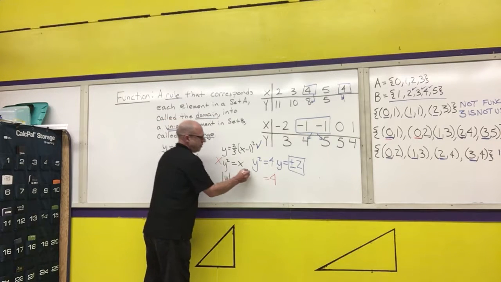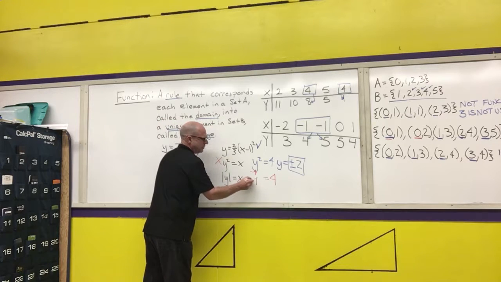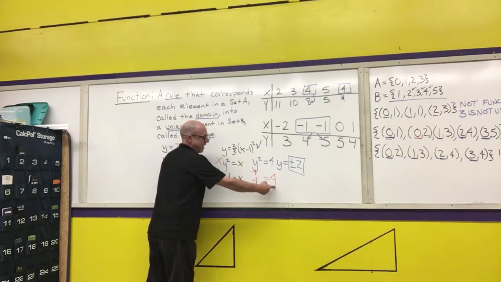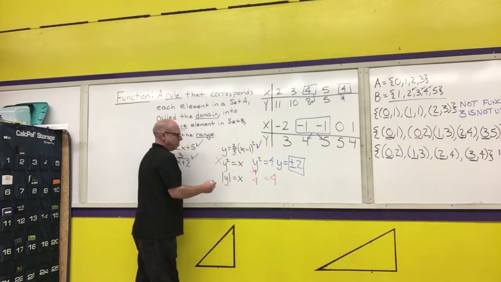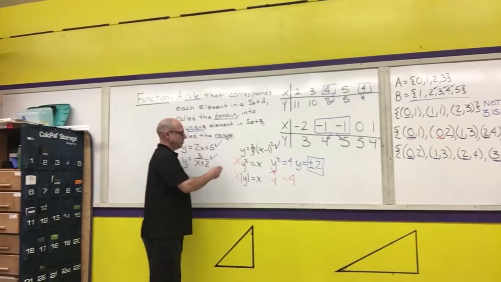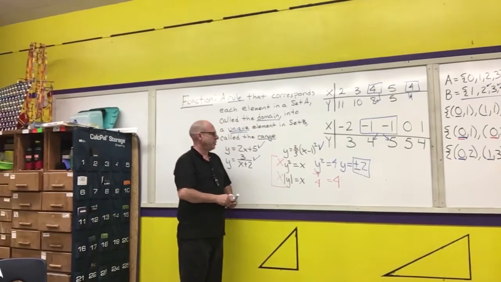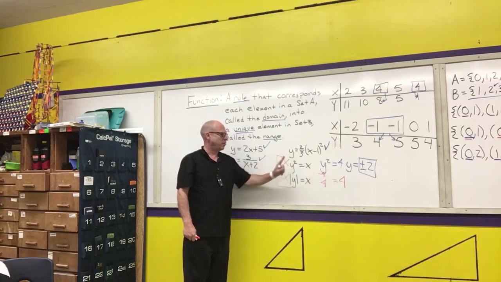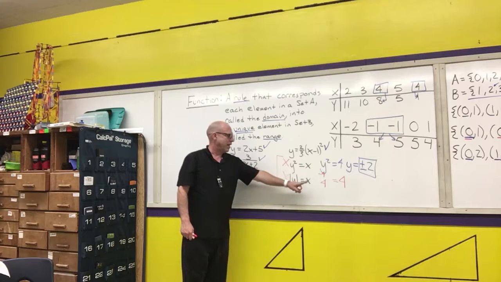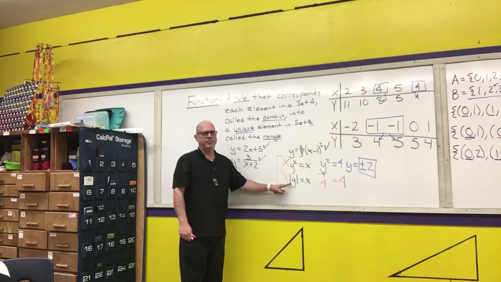Here I have a negative 4 can be here, and also a positive 4 can be here. That x is my input, so I can have two separate values here, so this one again is not a function. The two that you have to be very careful about, as of right now, are when you see x to the first power and y to an even power, and x to the first power and all of your y's are inside absolute value symbols.